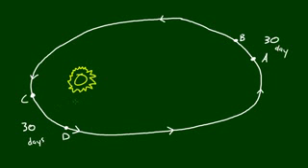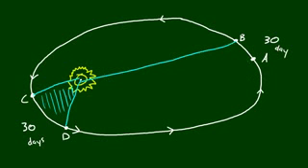So why is this important, and why do we care where the Earth is in relation to the sun? Well, it's because Kepler said this: if you were to put a point directly in the middle of the sun, and you were to connect a line from C to the point, and also D to the point, and you calculated the area of this right here, it would be exactly equal to B to the point and A to the point.